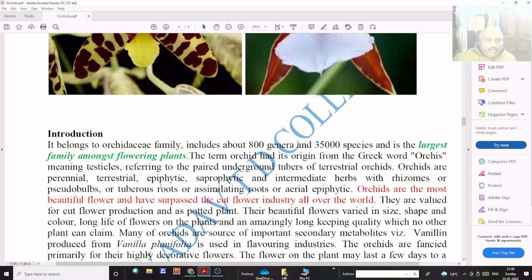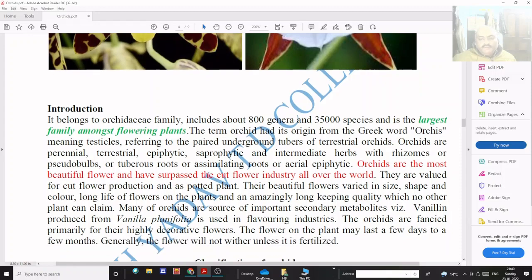Orchids are perennial, terrestrial, epiphytic, saprophytic, and intermediate in nature. They are the most beautiful flowers and have surpassed the cut flower industry all over the world.